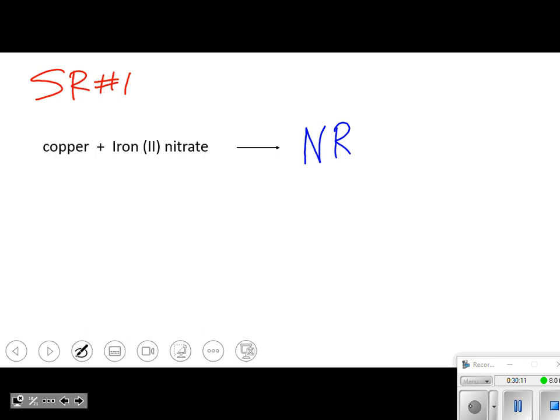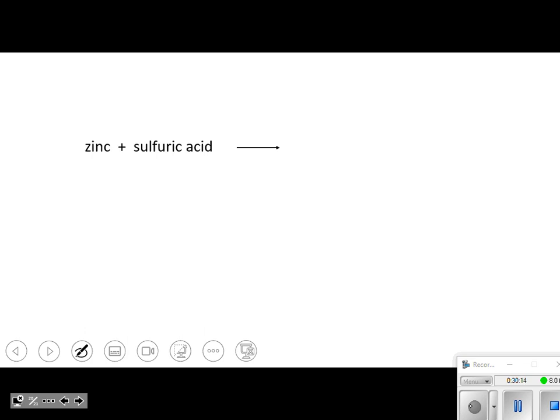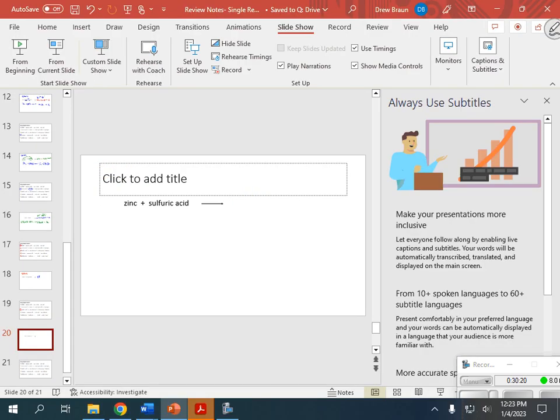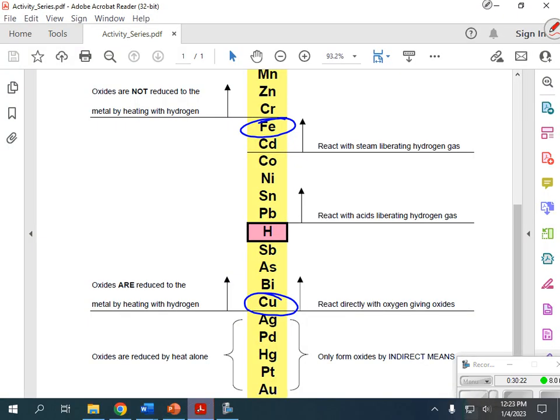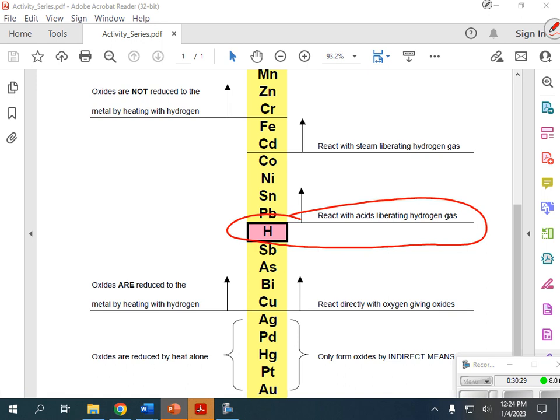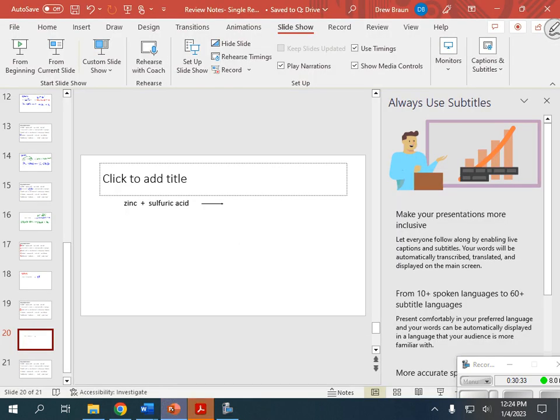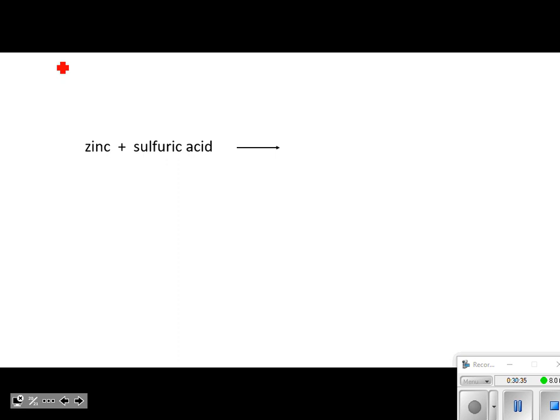Well, I'm going to check just in case. Do I have a metal? I do. Okay. Is it above the H line? H line reacts with acids. Is it above it? It sure is. So will this reaction occur? Absolutely. So this is a single replacement number 3.